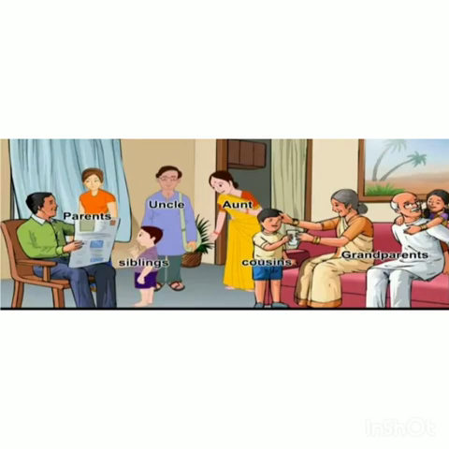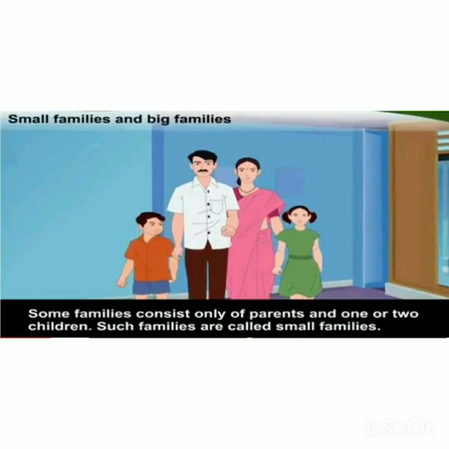See this picture, the members of the family. You can see parents, that is father and mother, then uncle, aunt, siblings, that is son or daughter, then your uncle's children, cousins, then grandparents. Some families consist only of parents and one or two children.